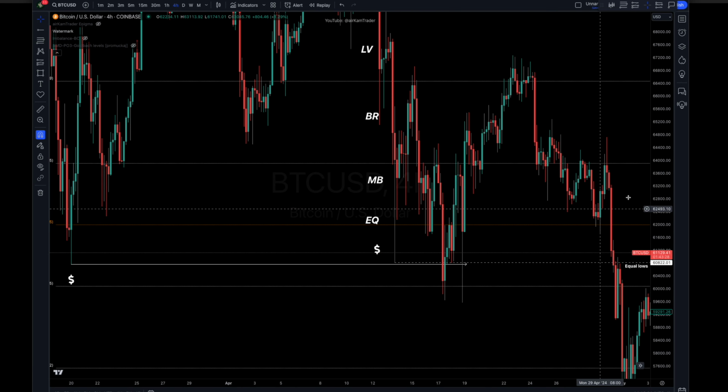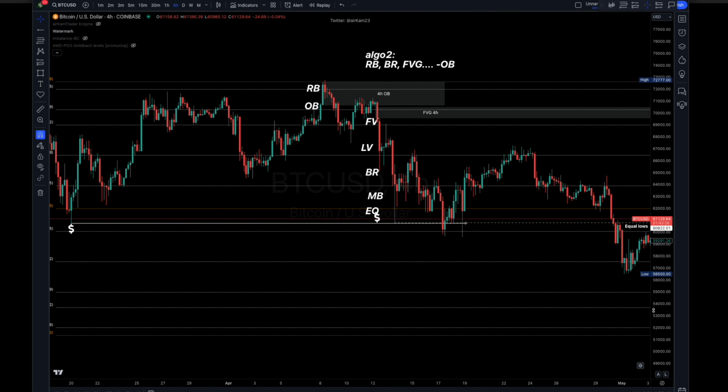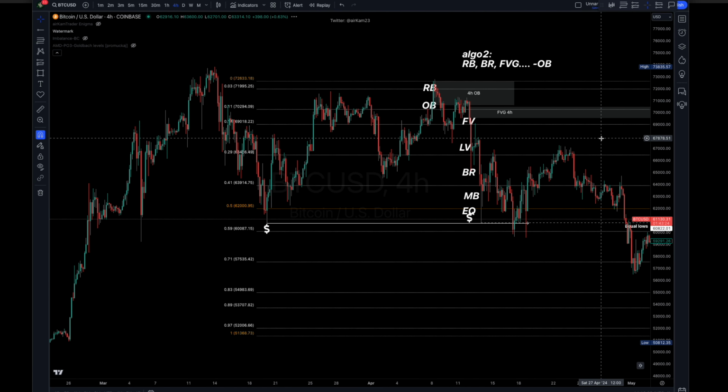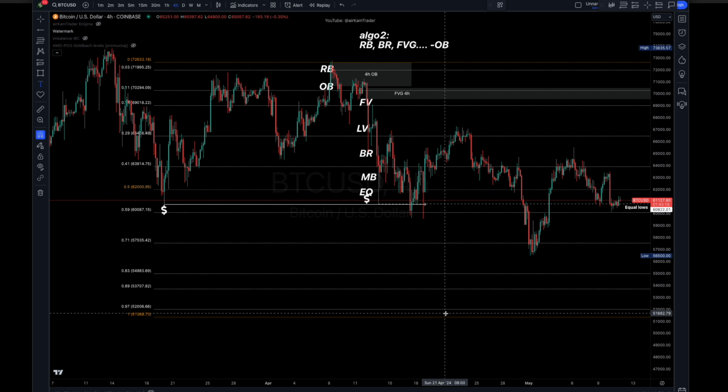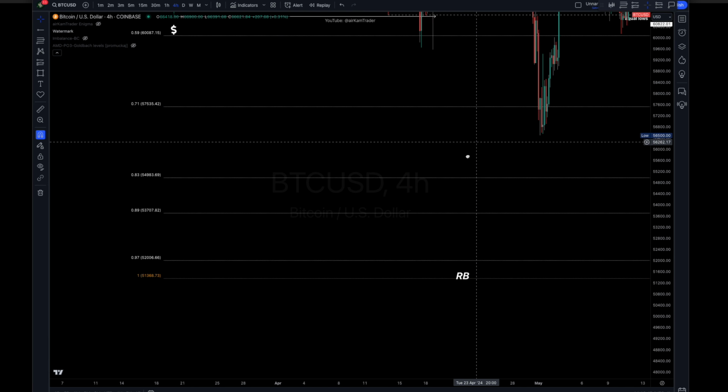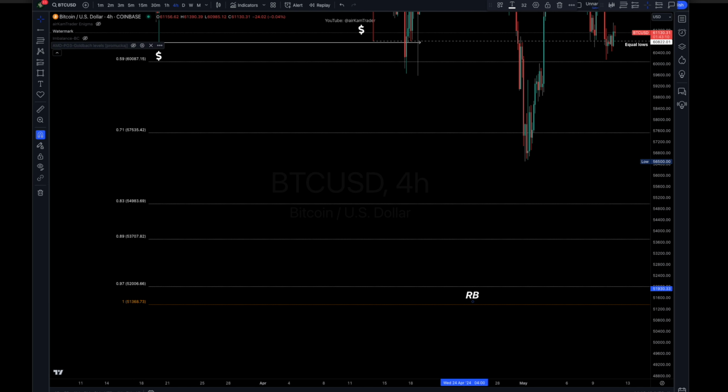Okay, now what is the target? What is the logical target for algorithm 2? Okay, it is the bullish order block. So if this is the rejection block, this is the bullish order block.